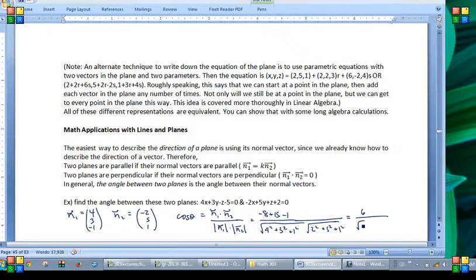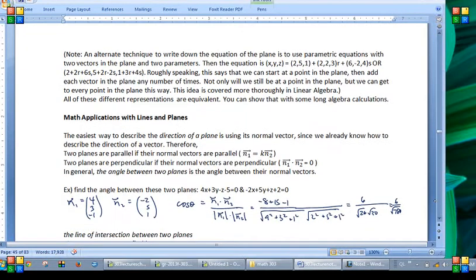So this works out to square root 26, square root 30. That's 6 over rad 780. That would be 1.3354.